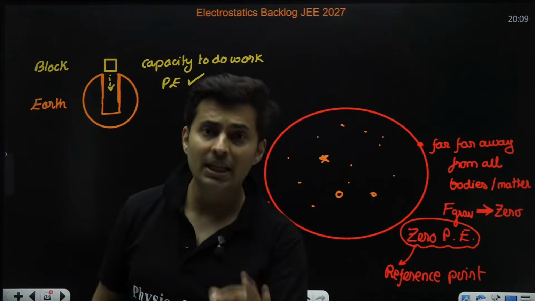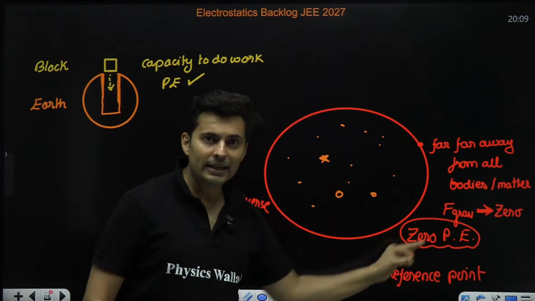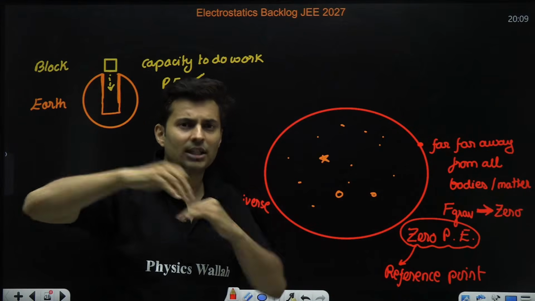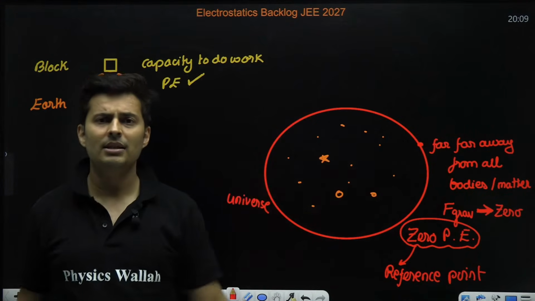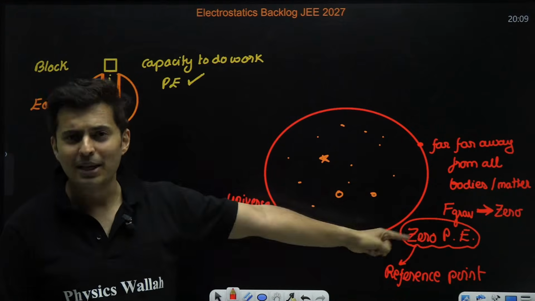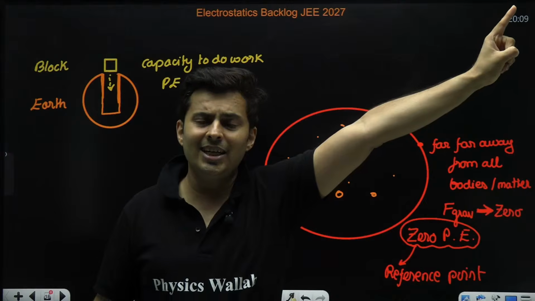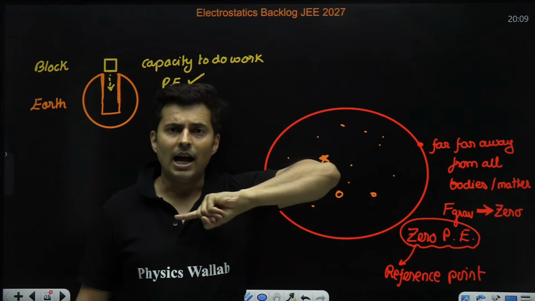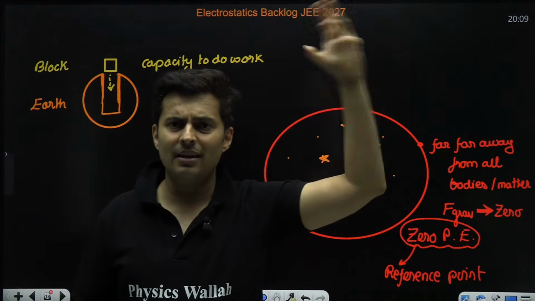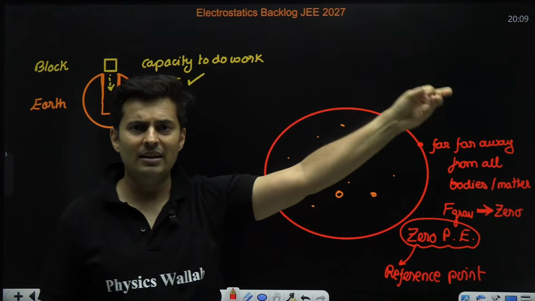This is that place which I call 0, and with respect to this 0, I calculate the potential energy at any random place inside the universe. Because defining this 0 is so simple. I say when distance is infinity, r is infinity, I am very, very far away, negligible force is there, no way of knowing if any planet even existed.